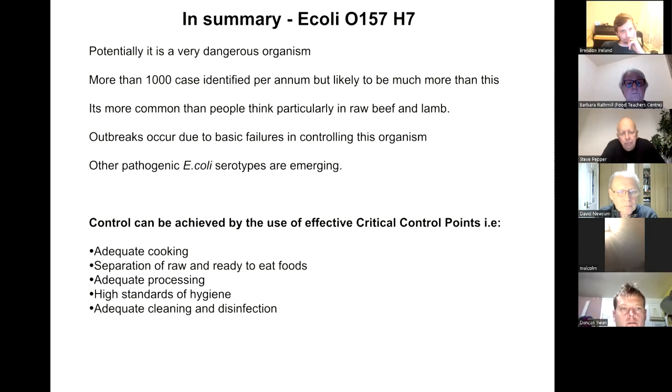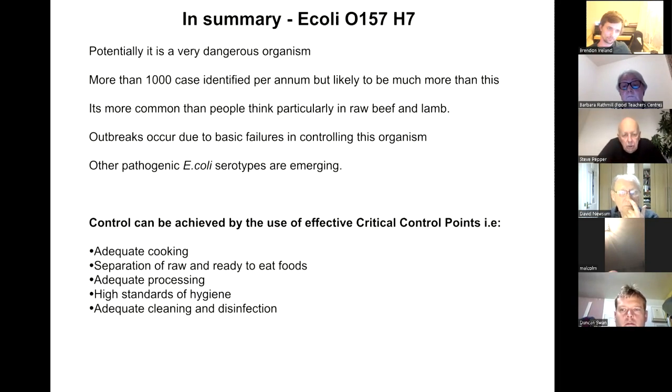So, in summary, E. coli O157 H7 phage type 8 is a very dangerous organism. More than 1,000 cases are identified each year, but it's likely to be much more than this because of reporting, etc. It's more common than people think, particularly in raw beef and lamb.